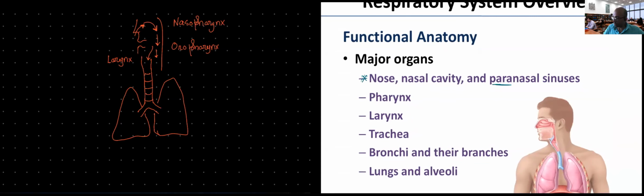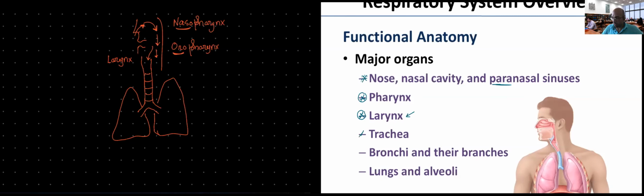Those are my paranasal sinuses, and paranasal sinuses will be responsible to enhance the sounds that we emit. Then we're going to be passing through the pharynx. As we've seen here, two parts of the pharynx that the air is going to be traveling through, my nasopharynx and my oropharynx. Then down below the pharynx, we're going to be passing through the larynx or the voice box.